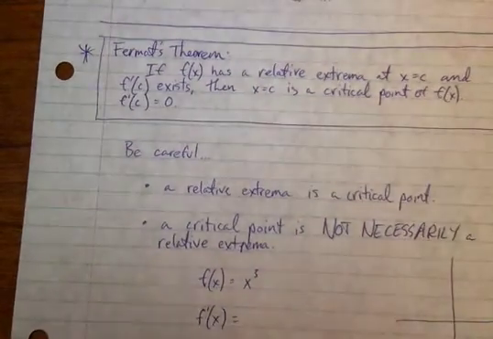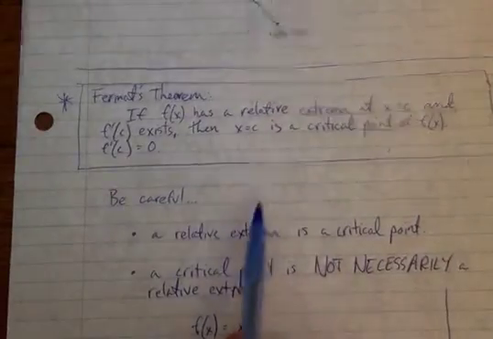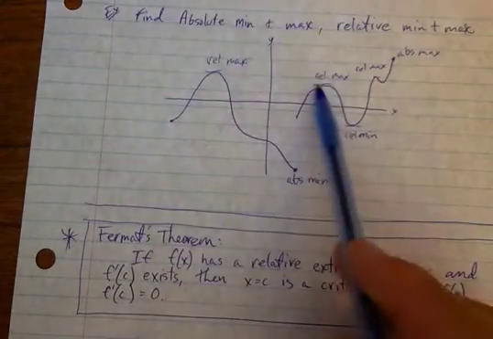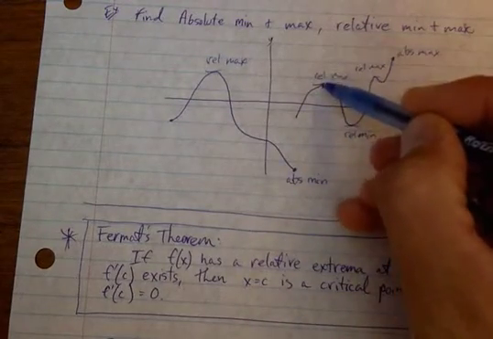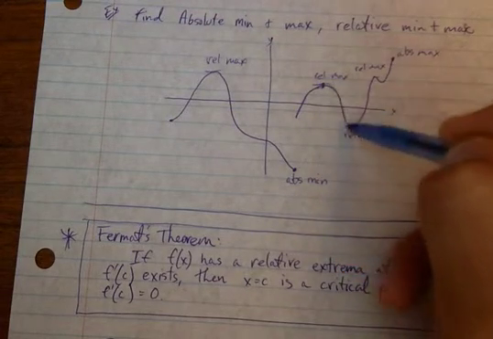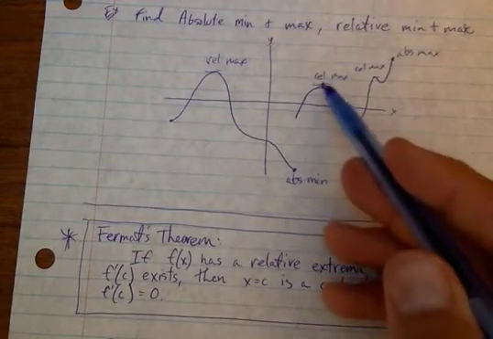So this seems really obvious. If it has a relative extrema at x equals c, say like right here, and it exists, which it does, then x equals c is a critical point of f of x. Well, duh, right? That's where the slope goes from increasing to decreasing. That's a critical point. That's f prime of c equals 0 there.